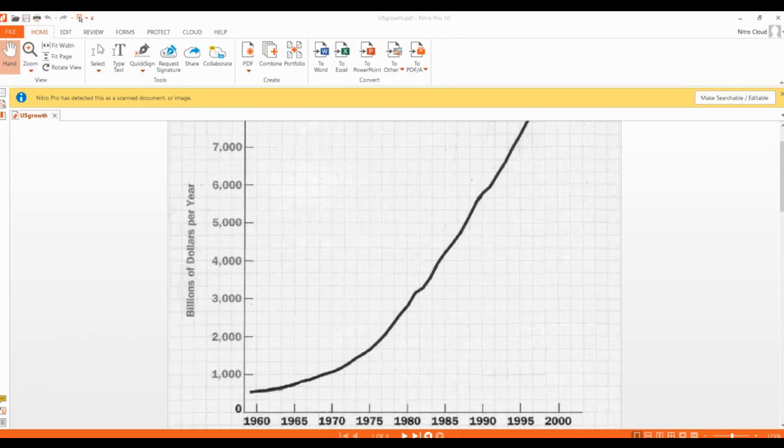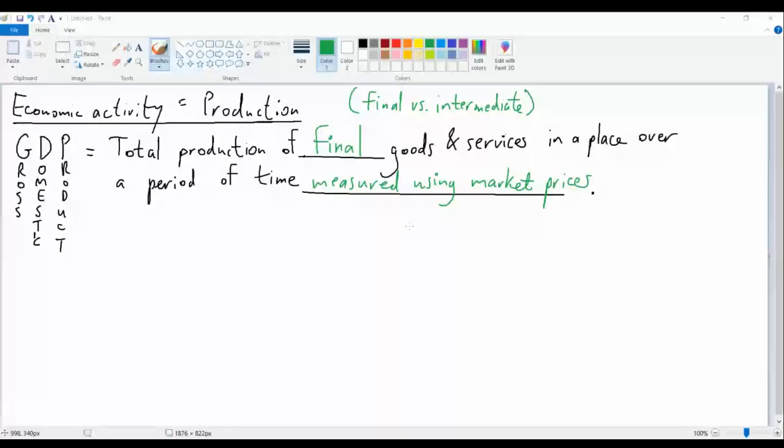And what is that? Well, if you look at the definition here, let's bring it back up. It's total production of final goods and services measured in a place or a particular period of time. We see it rises over time, year on year.